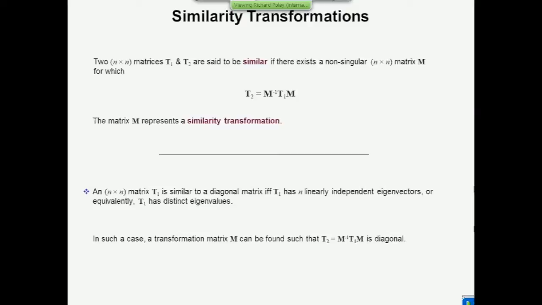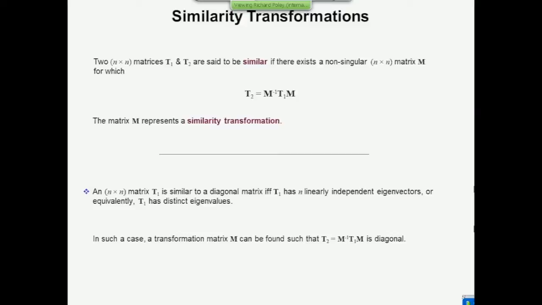You've got n eigenvectors, and each eigenvector has n elements in it. So by making those the columns of M, M must also be n by n in dimension. And by using that matrix, which results in a similarity transformation, T2 will be diagonal, but not only diagonal, the eigenvalues of T1 will be the elements of the diagonal of T2.